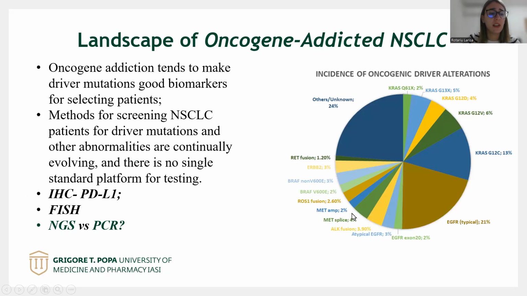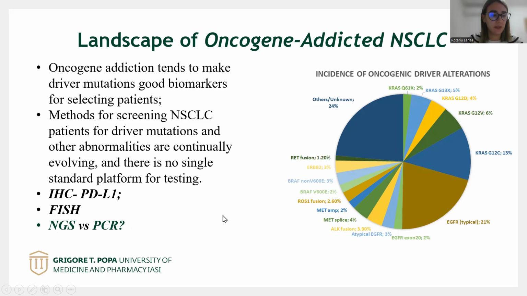Oncogene addiction tends to make driver mutations good biomarkers for selecting patients. Screening for them has become an increasingly standard part of the diagnostic workup in non-small cell lung cancer. Besides immunohistochemistry, which is the only way to test PD-L1 in all non-small cell lung cancers regardless of the histology, and maybe FISH used for some mutations, nowadays we have these two techniques, NGS and PCR, to test specific alterations.